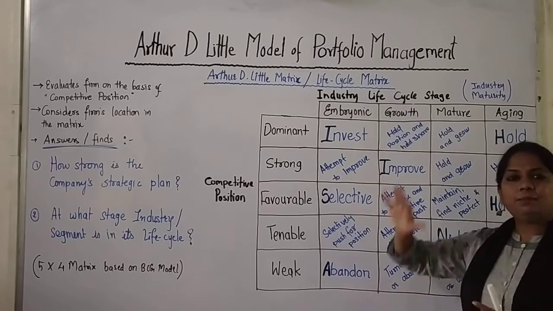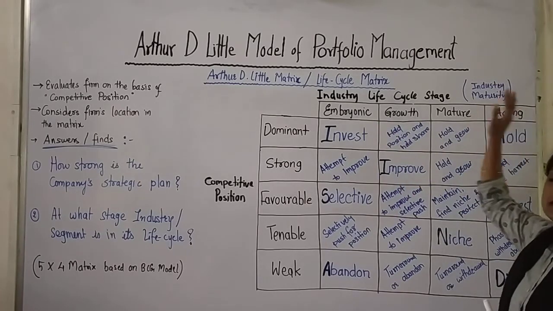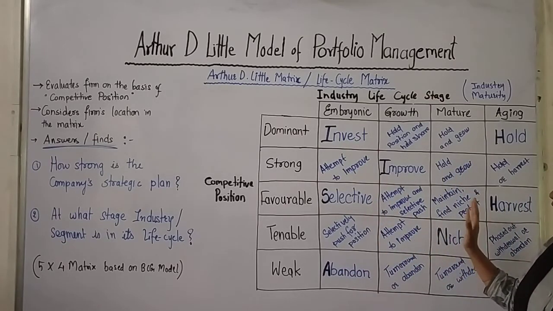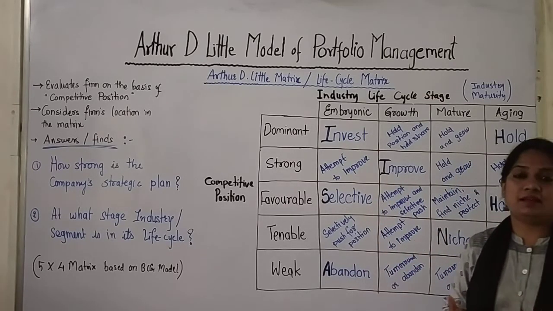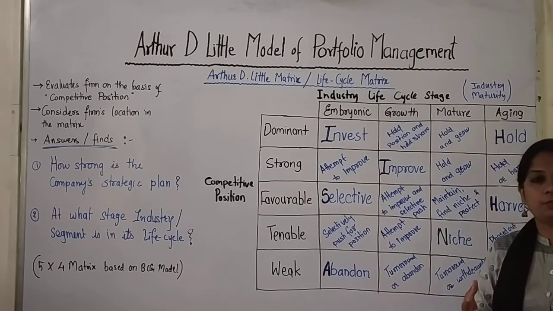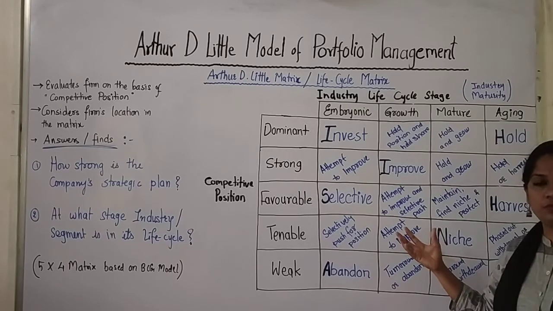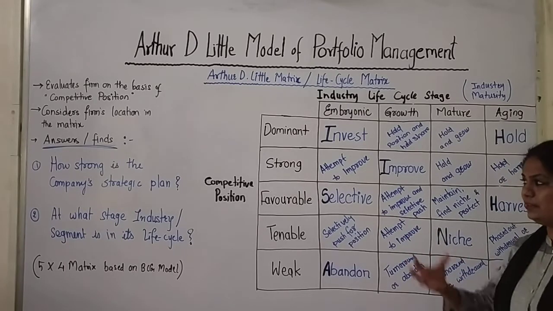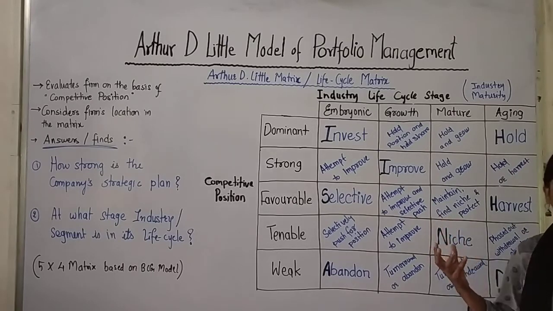So we can put the 4 stages and 5 positions in a matrix form and find where our company lies, where our industry lies. If you have a portfolio, then where is our portfolio? If you have a strategic business unit, then where our strategic business unit lies.